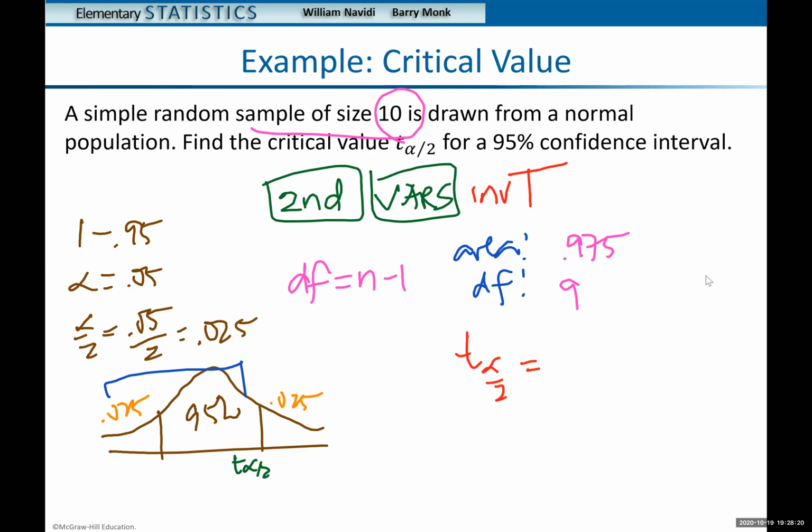So yeah, 2.26. So that's how you get the critical value. Again, please don't forget, do not enter 95, but you have to enter 95 plus 0.025, so that's why you enter 0.975.